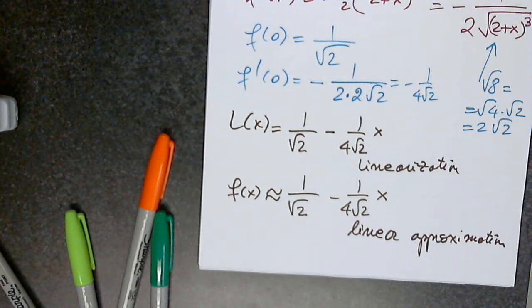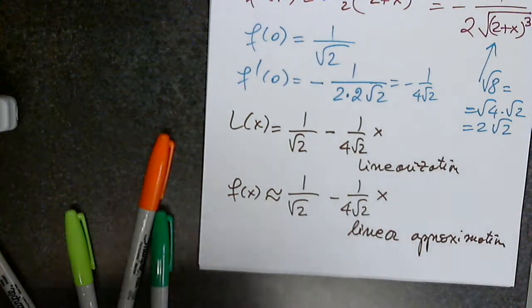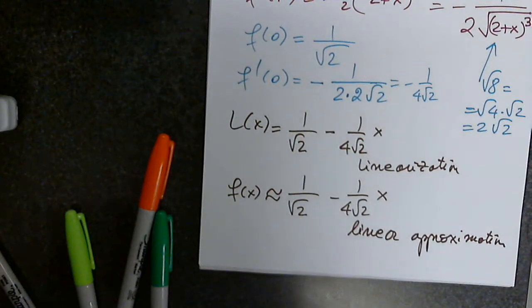Using the line or using the original function, not too far from 0, doesn't make much of a difference. So that is the linear approximation or the linearization of this function near 0 only. Okay. Any questions?